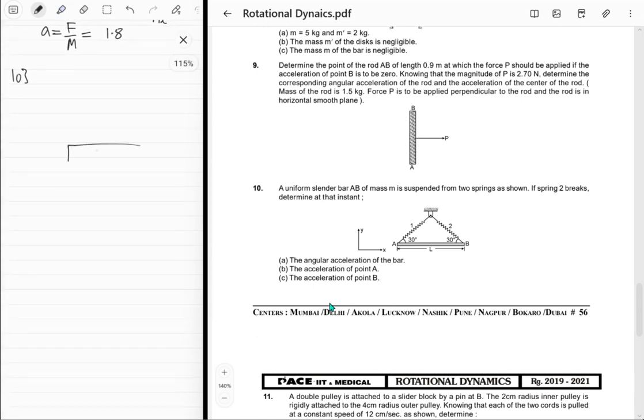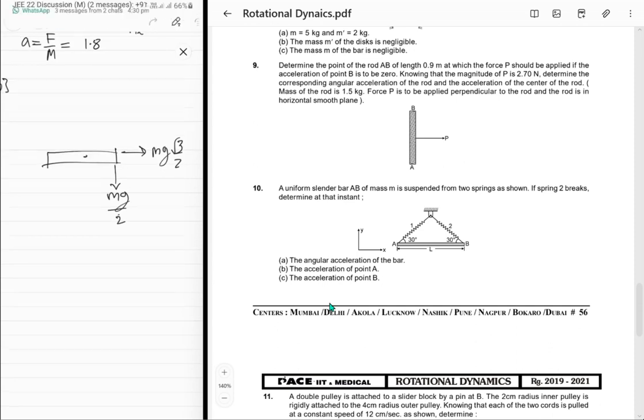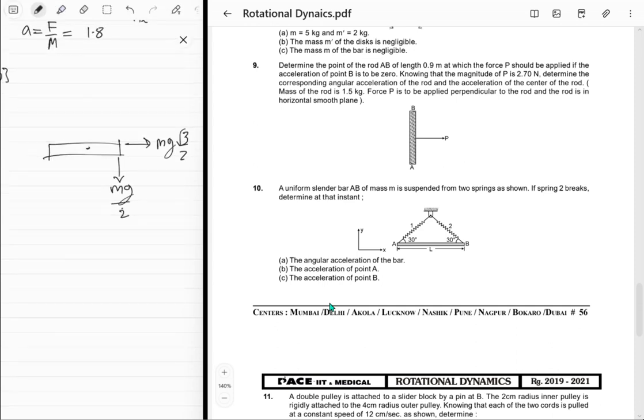So this guy has net force mg upon 2 in this direction, and mg times square root 3 upon 2 in this direction. So that means this whole bar, its center of mass has g square root 3 upon 2 in this direction, and g upon 2 in this direction.